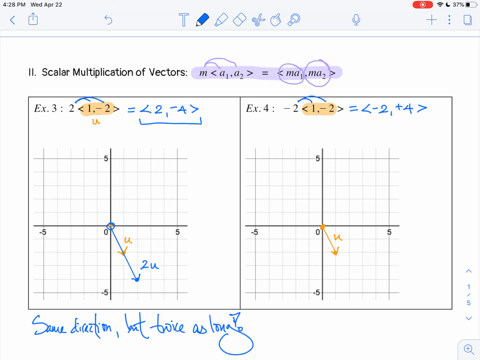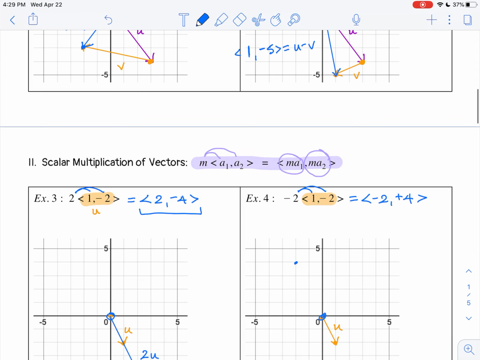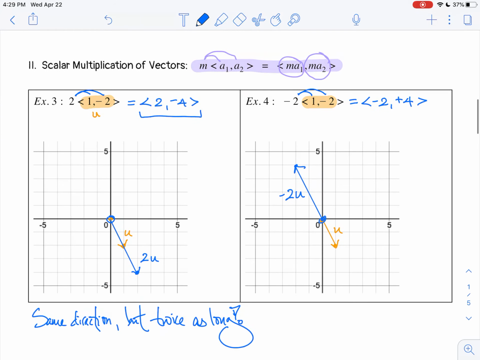Okay, well, let's see what happens in example 4. I want to plot -2, +4. So that's going to mean I draw one kind of like this. And this is -2u. So what does that tell us?